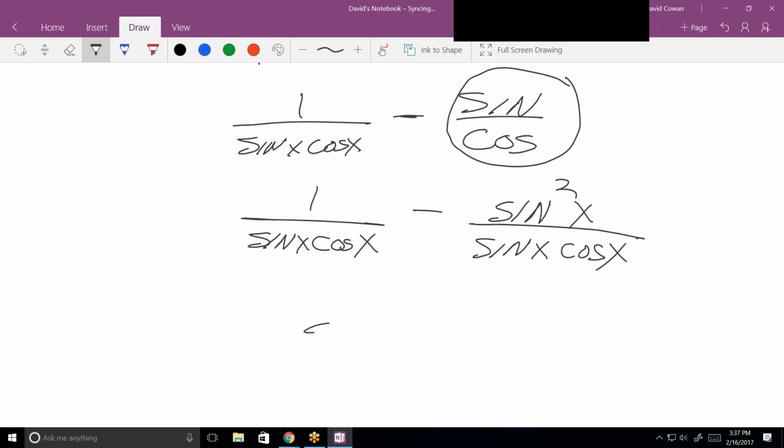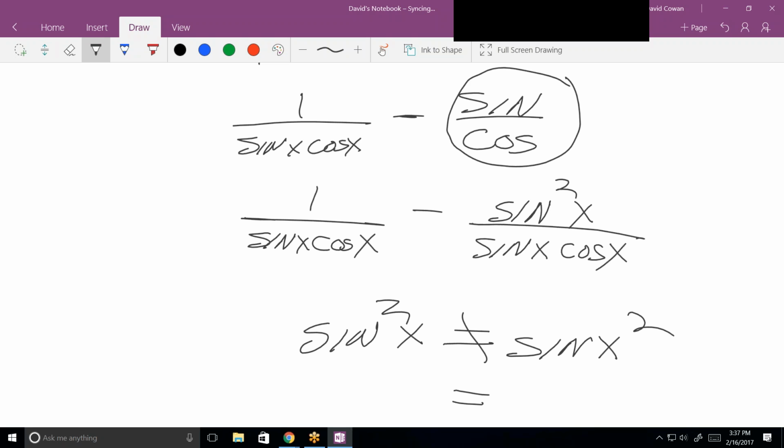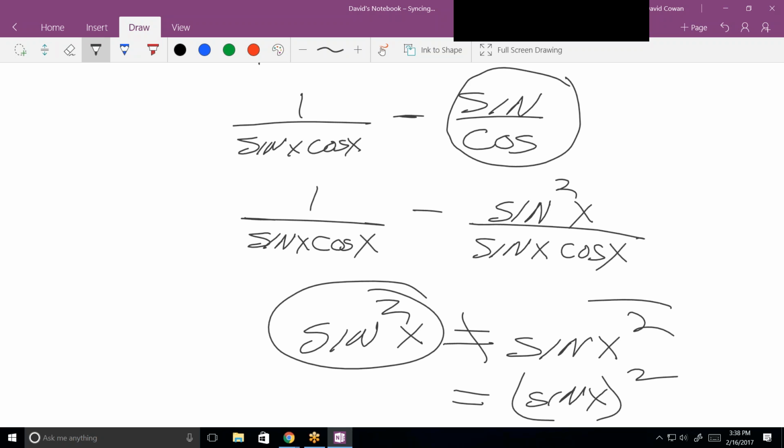Sine squared x is the same as sine of x in parentheses squared, but these two things mean totally different things.